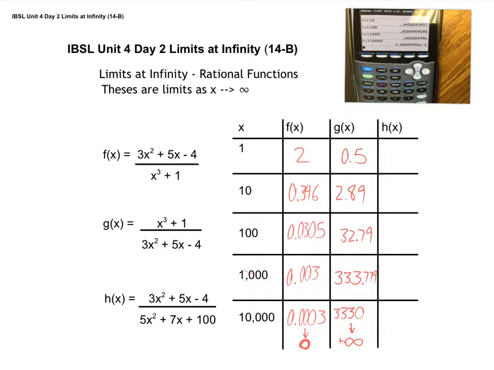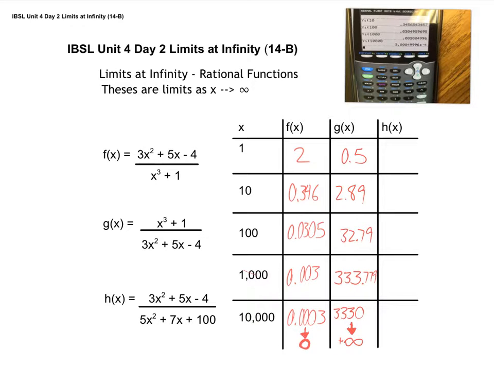Oh, yeah. No, it's approaching 0. If we kept going with this, we'd get numbers that were continuing to get smaller and smaller and smaller, closer to 0.